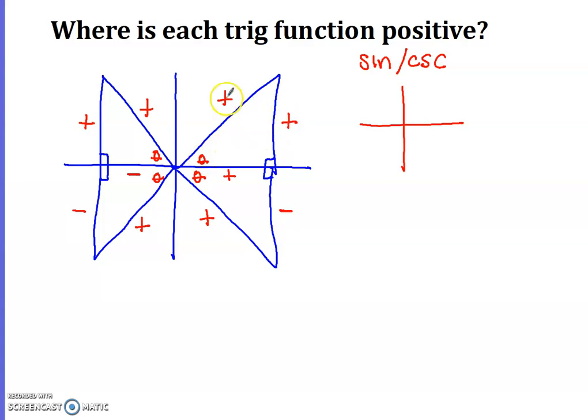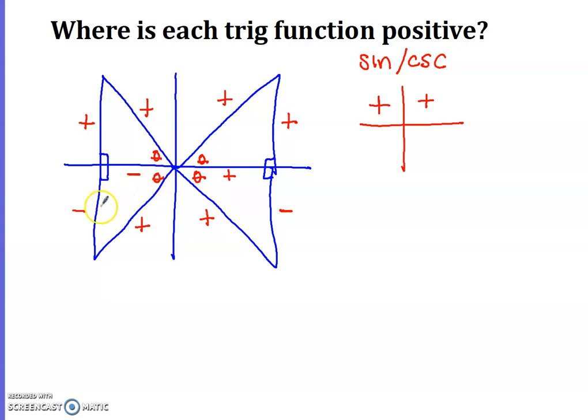So if I were to do opposite over hypotenuse, I would generate a positive over a positive ratio, so that is positive. When I move to the second quadrant, if I were to evaluate a sine function here, it would be a positive over a positive, so it would also remain positive in the second quadrant.